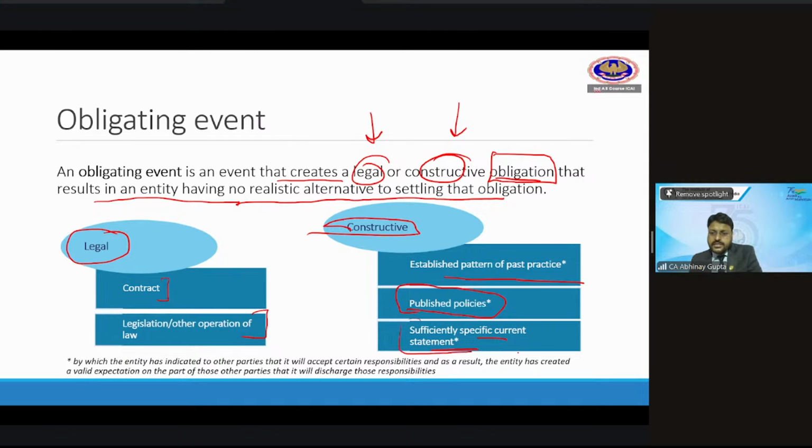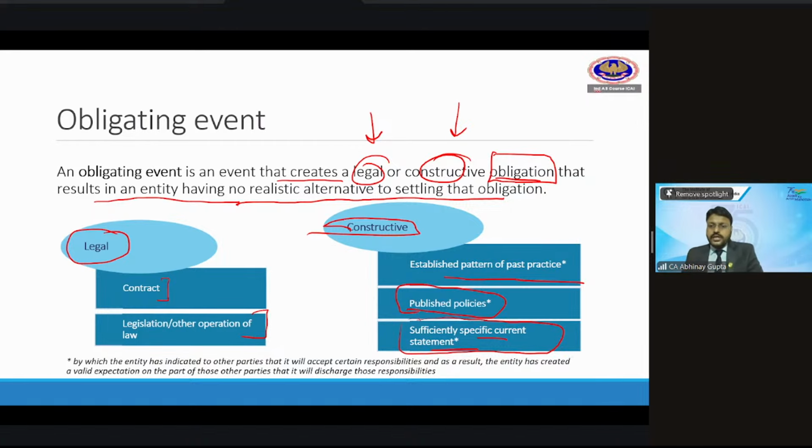Suppose the company generally does not establish any past practice, but while making the contract, they assured you that the product is of best fit, best quality, and so on. Now you are not finding the product good enough, and you ask the company to exchange or repair it. Certainly the repair cost will be incurred by the company.